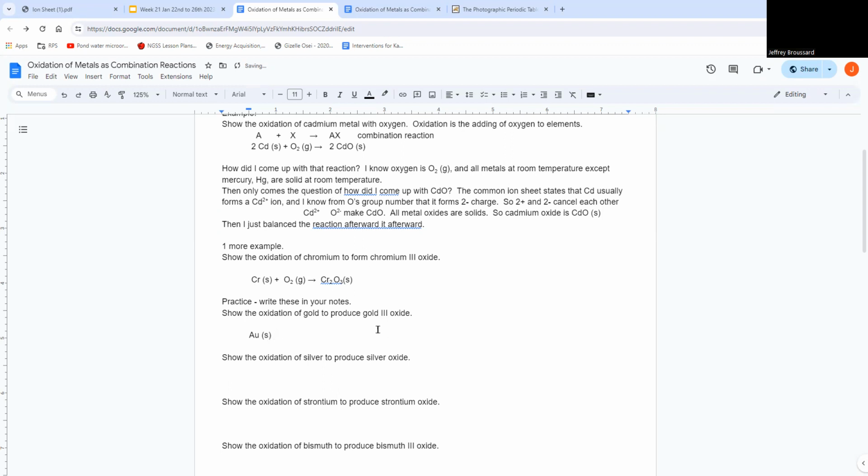It says we're making the oxide and oxidizing again, so I'm going to need oxygen gas, and it's going to be combining with it. So I should have a plus sign there. And we're making gold 3 oxide. So I know I'm going to have Au for gold and O for oxide.